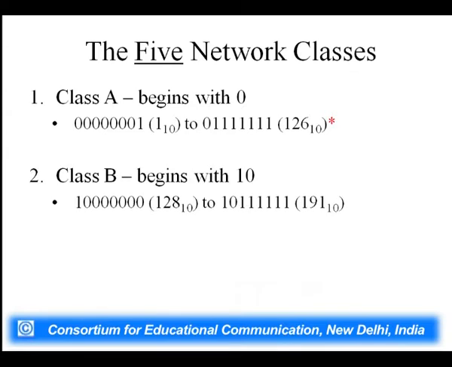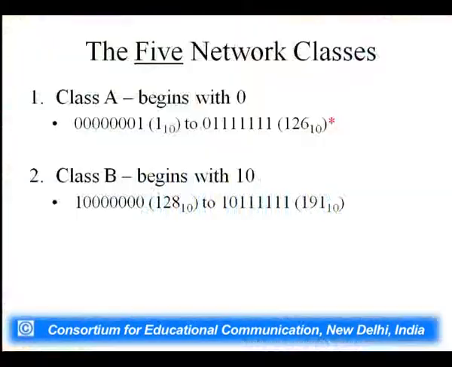Similarly we have class B that begins with 1. If you look at the leftmost side, it begins with 1, so the first octet becomes 128, 1 followed by 7 zeros.